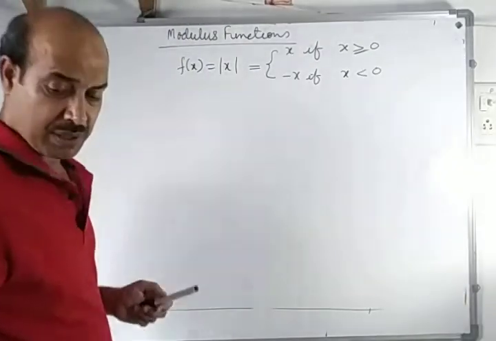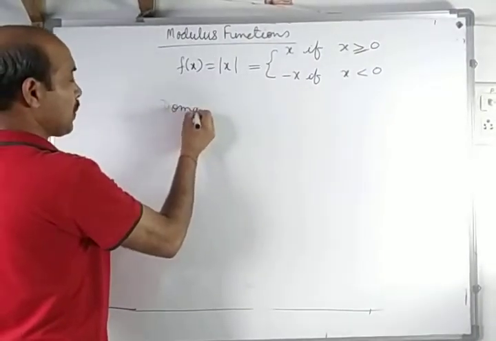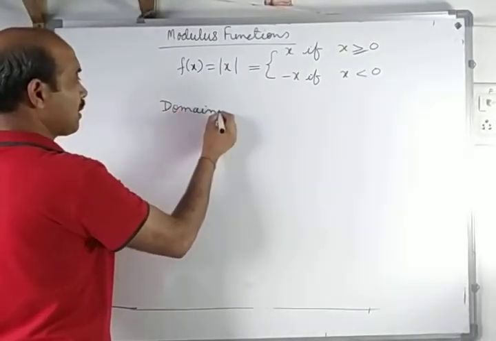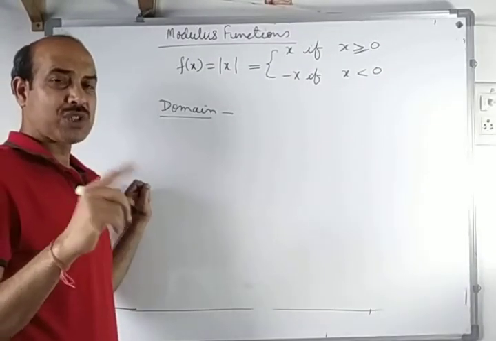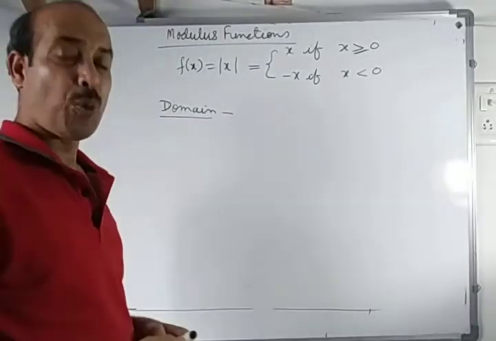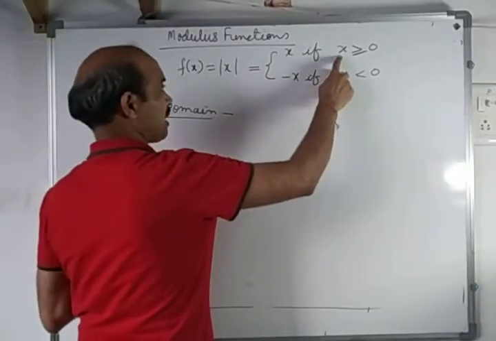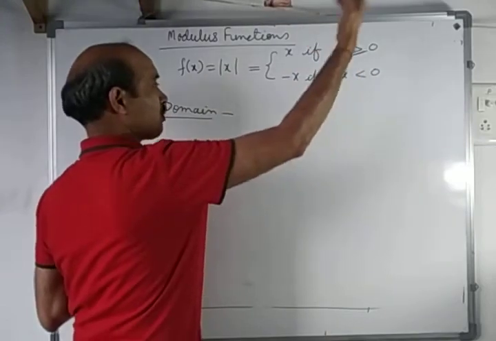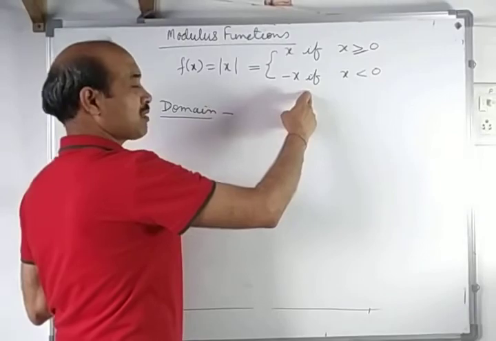Now we come to know about its domain. Domain means the values of x for which the function is defined, or the function's value can be obtained. So we know that here we can put any value of x from 0 to plus infinity as well as towards minus infinity.